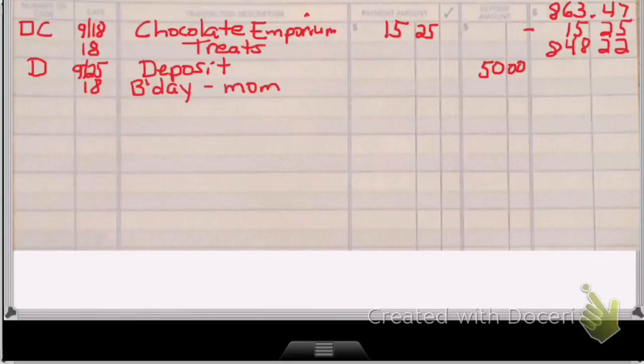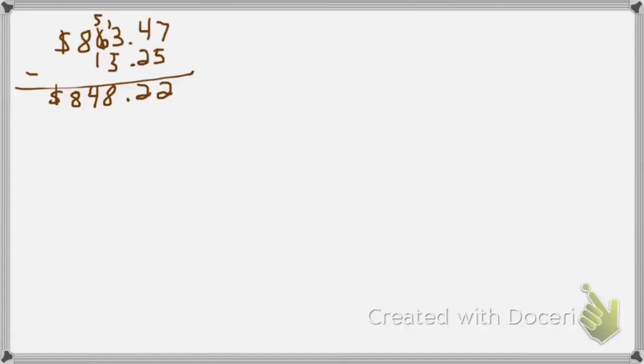And again, since it's a deposit and I'm adding it to my bank account, I will put a plus sign, and I will line up all my columns. Remember, the line counts as your decimal. And now I'll move to scrap paper to add $50 and see what my new balance is. So line up my decimal. In front of it I have a 50, after it I have 00.